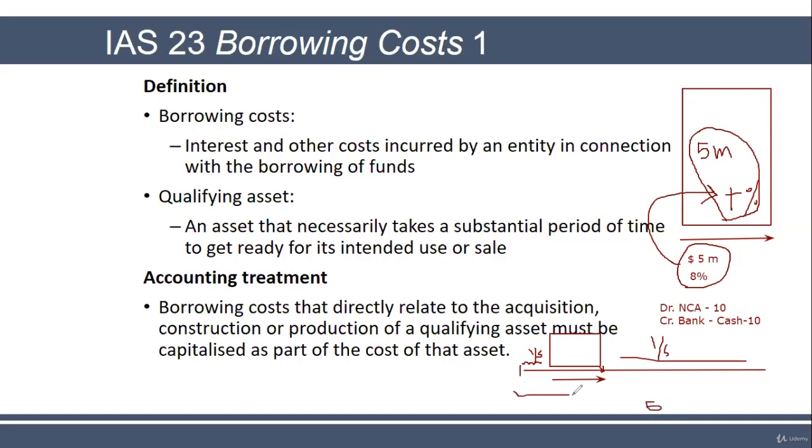The loan has been taken for 5 years, but you cannot capitalize for all 5 years. This 1 year, when you were doing the construction, this only will go to the balance sheet. This will be considered as the capitalization period. This remaining period, you cannot capitalize. It will go to the income statement as operating expense.